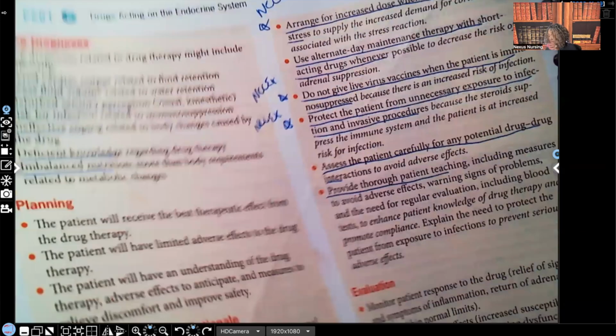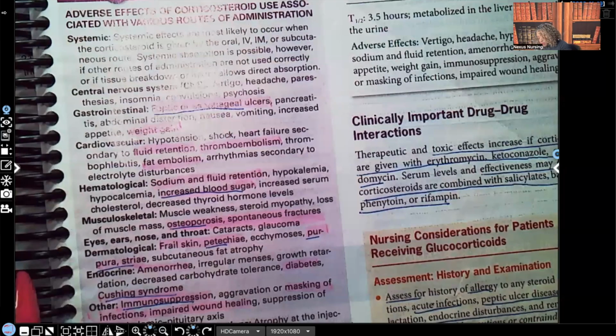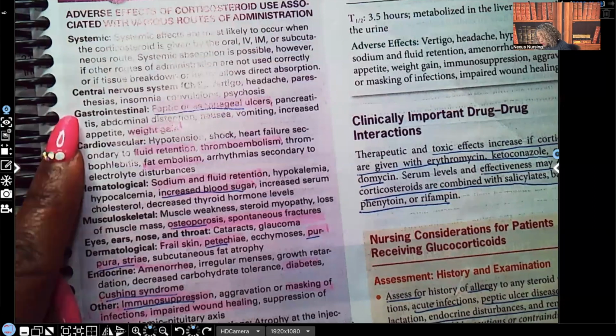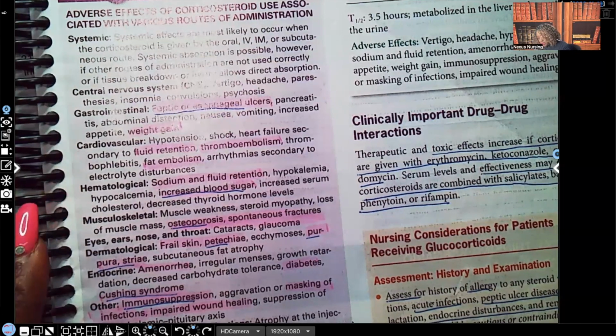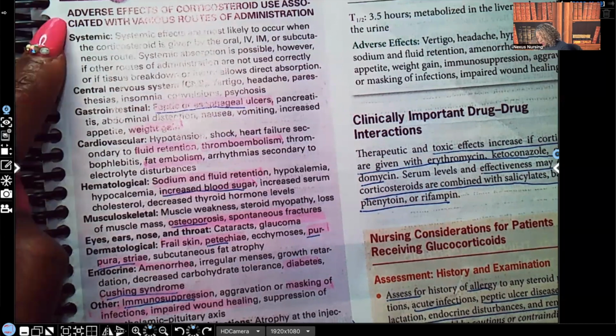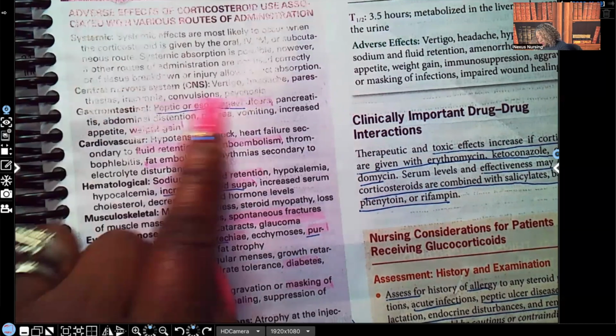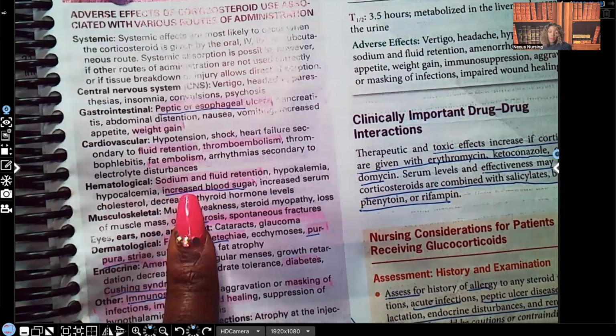And that should be in adverse effects. Here we go. Let's see, systemic. Right here, increased blood sugar.